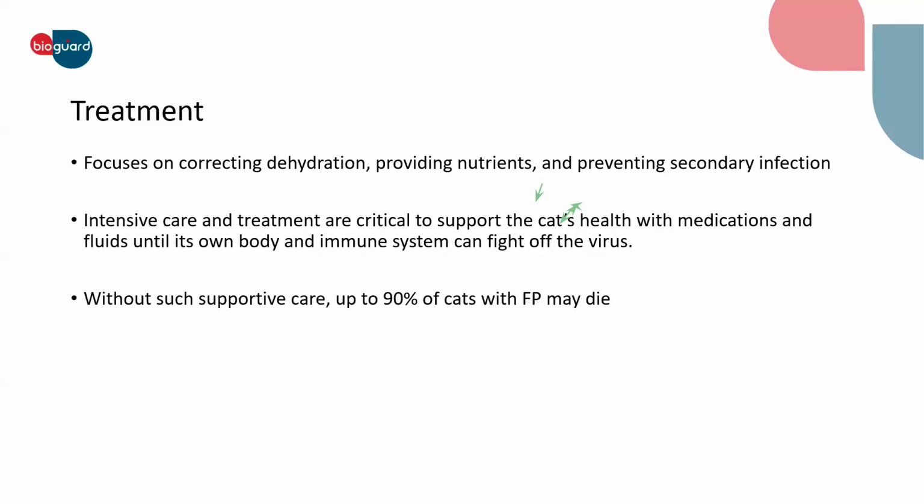Intensive care and treatment are critical to support the cat's health with medication and fluids until its own body and immune system can fight off the virus. Without such supportive care, up to 90% of cats with FPV may die.